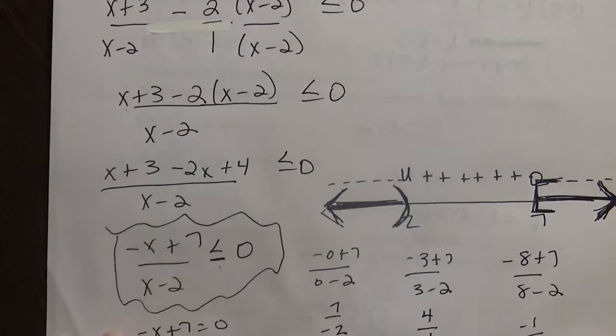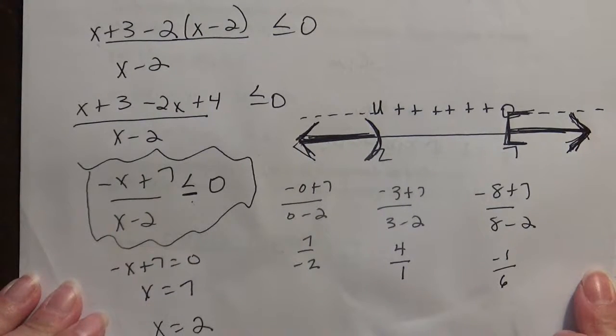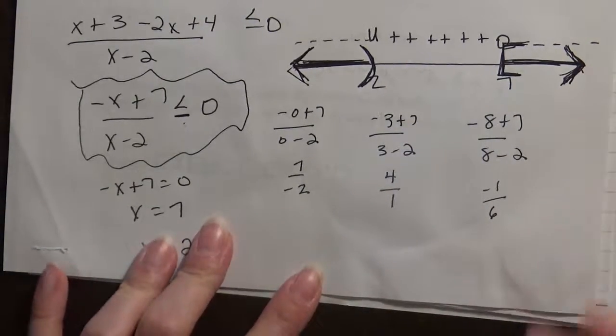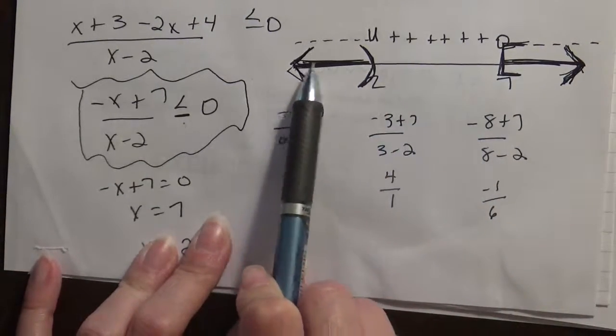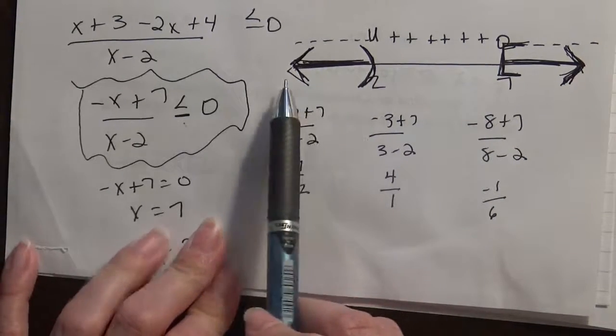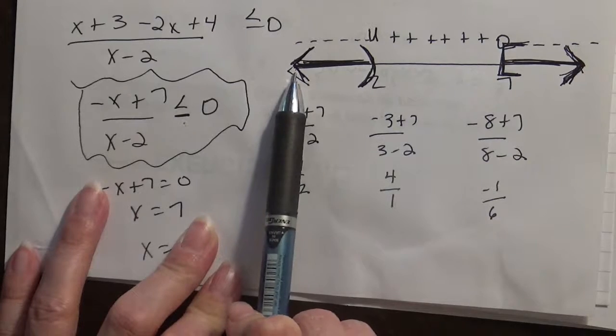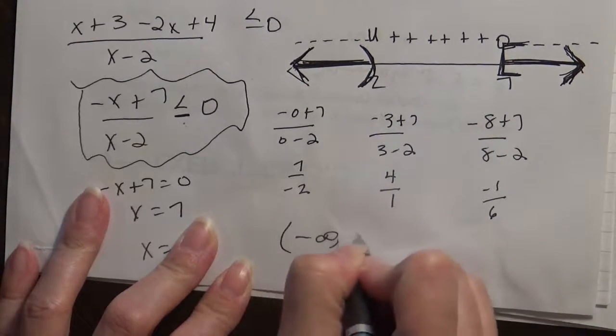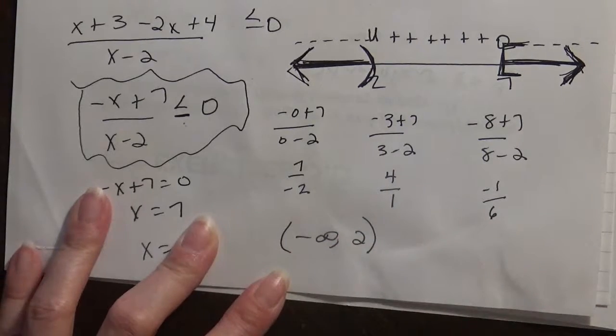So how do we give our answer? I'm about to run out of space here, but I'm going to put my answer down here. Okay, so I'm just going to take the shaded part of my graph and I'm going to express it using interval notation. So this piece I will read as negative infinity to 2. I'm going to use round parentheses.